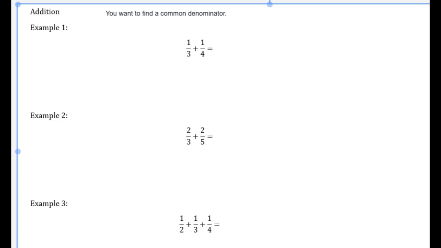So we have to express each fraction with the common denominator. In this case, for 3 and 4, the common multiple is 12, because 12 is divisible by both 3 and 4.